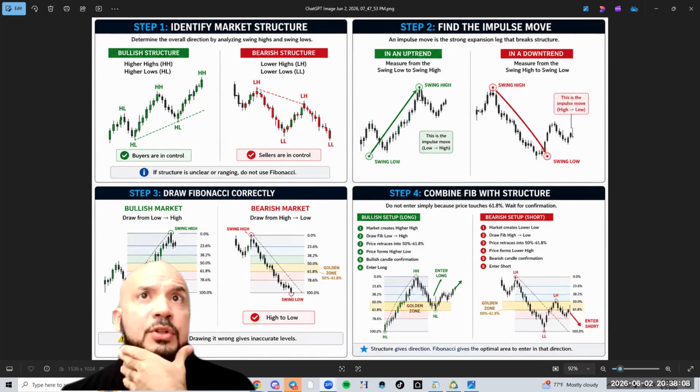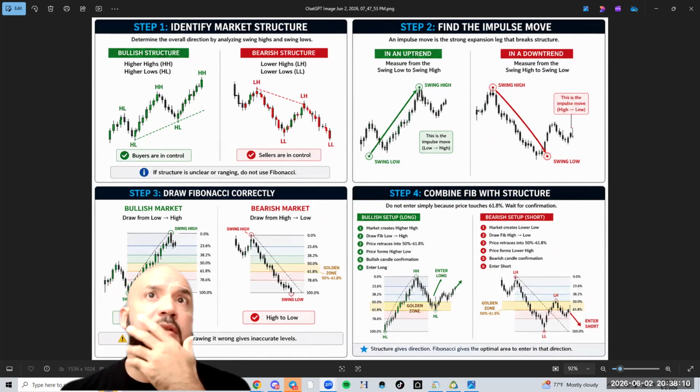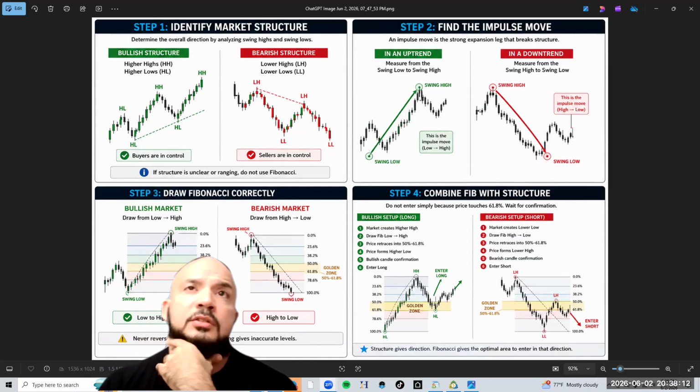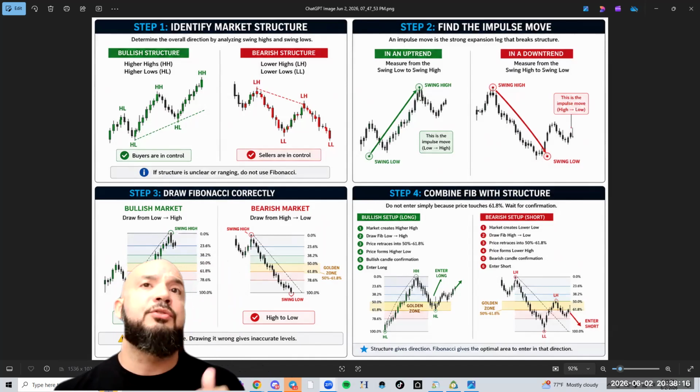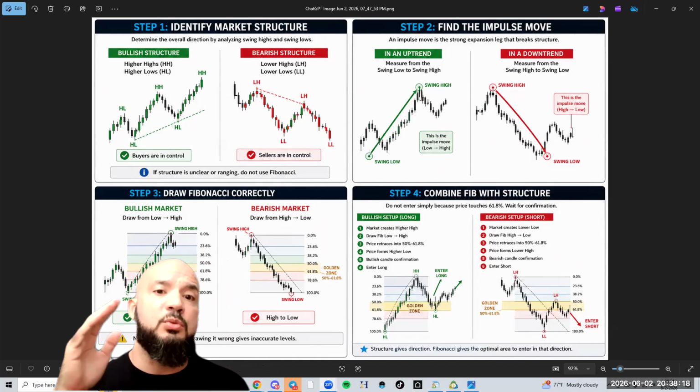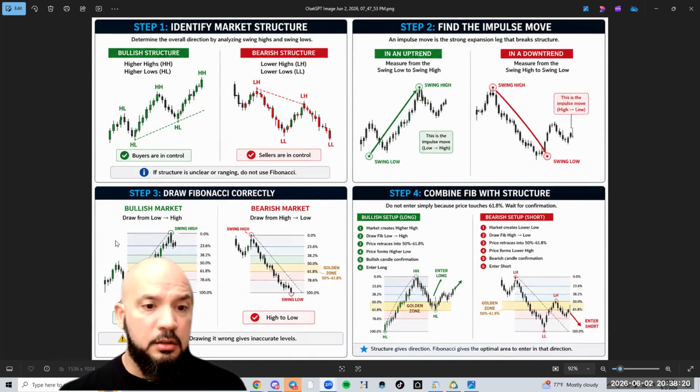Okay. So step 3 is drawing the Fibonacci correctly. For a bullish market, you're going to draw the fib from the swing low to the swing high. Meaning, this is the swing low and this is the swing high. Point A goes on swing low, point B goes on the swing high.